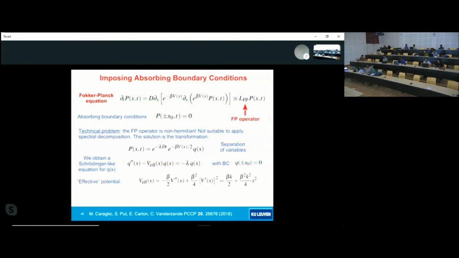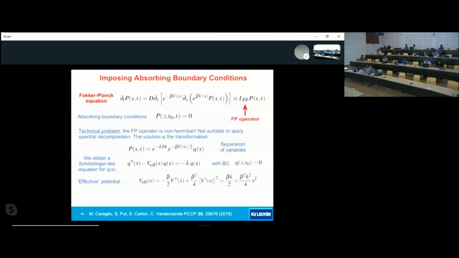And now, what is V effective? V effective is what you find when you do this transformation. It's related to the original potential. Our original potential V of x was a parabolic barrier. Now I use the small letter k here to indicate the curvature of the barrier. Unfortunately, in my previous slides there was a capital K. It's the same variable k, defining the curvature of the barrier.